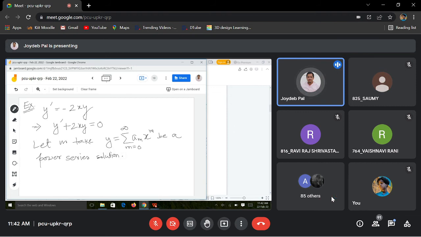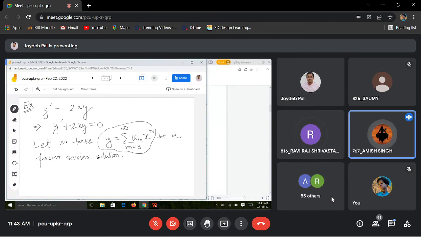So we are considering y is equal to summation m from 0 to infinity a_m x to the power m to be a power series solution. मतलब ये एक solution जैसे मैं assume कर रहा हूँ. Like in ODEs, do you remember that you have considered y is equal to e to the power mx to be a trial solution? Do you remember?